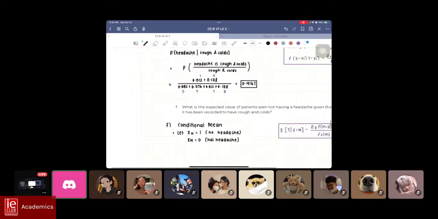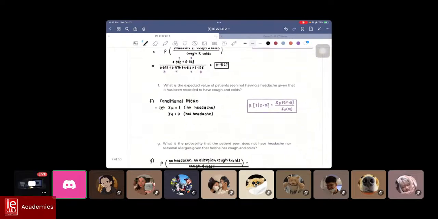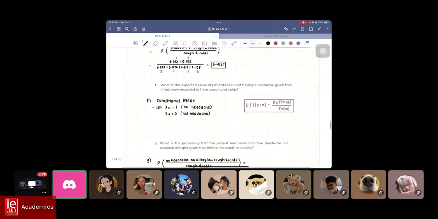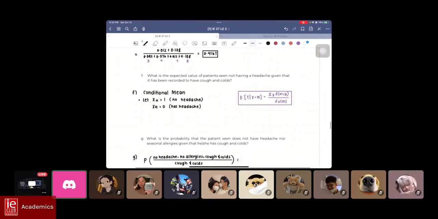And then for letter F, what's the expected value of patients seen not having a headache, given that it has been recorded to have cough and colds? So since we see the words expected value, we would do conditional mean, since there's a condition here that it has been recorded that the patient has cough and colds.